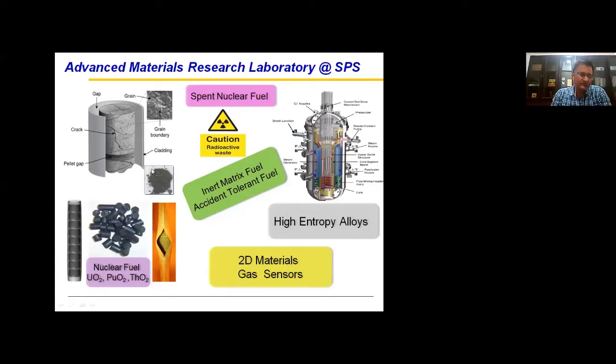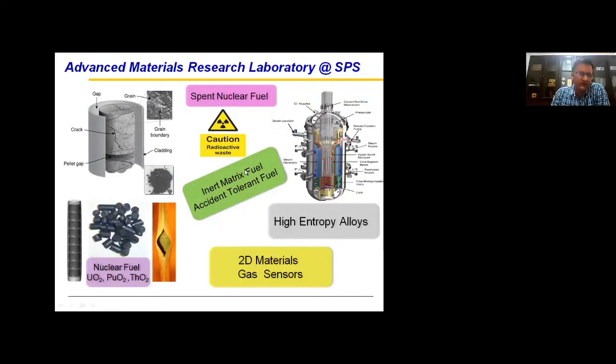So we need radiation resistant materials that can sustain that environment, without any fragmentation of the grains due to ion irradiation. That's why it is a very challenging area. We need to design such materials, and in collaboration with BARC we are working in this area.